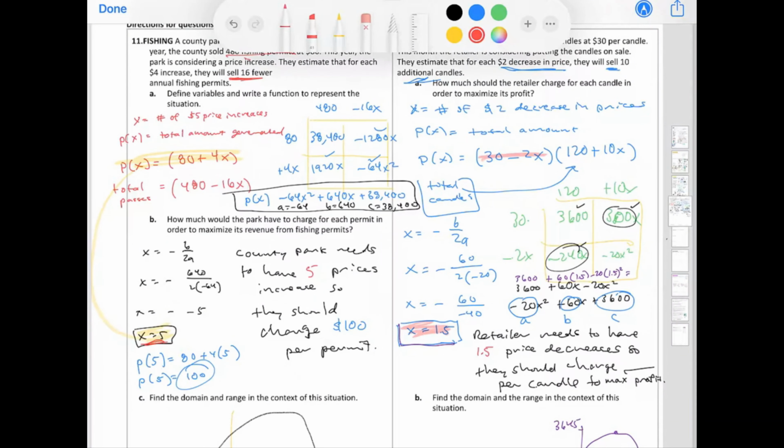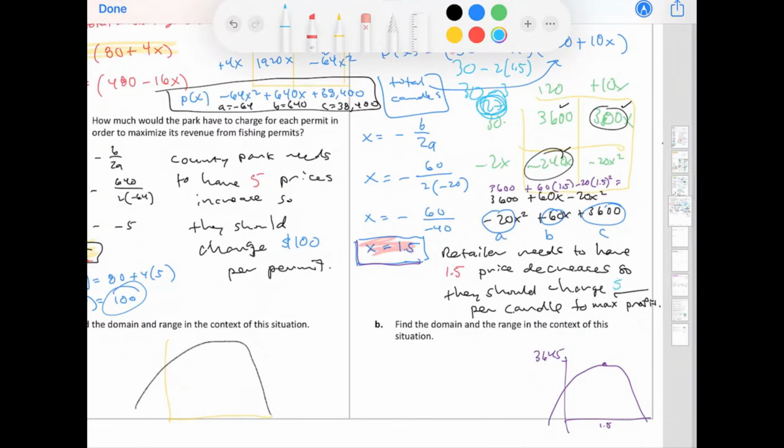So that would just be 30 minus 2 times 1.5, so 30 minus 3, so the answer is 27. They should charge $27 per candle to max the profits.